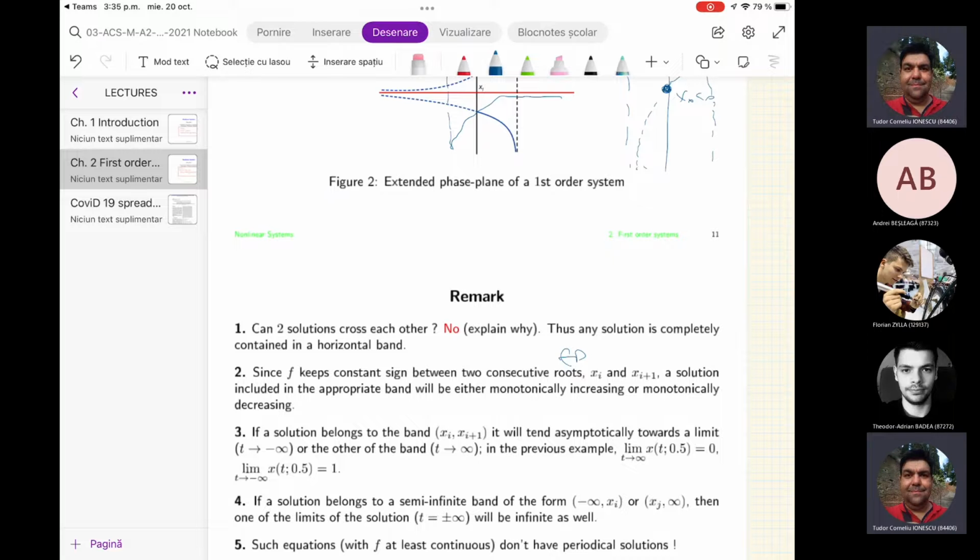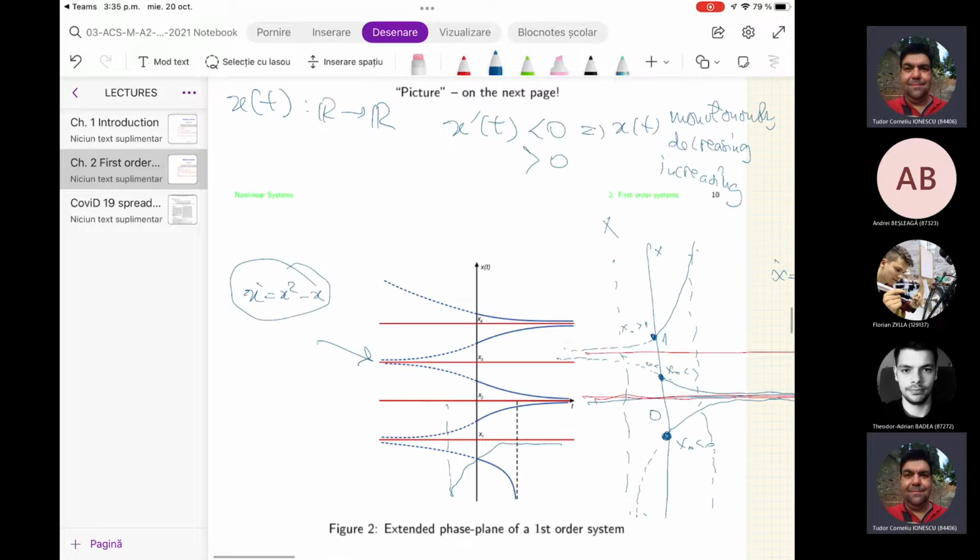So it's decreasing or increasing. Look at this guy. If x naught is larger than 1, this one is monotonously increasing.